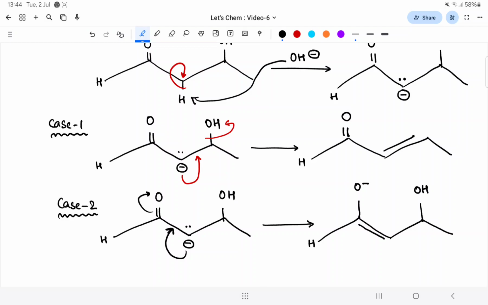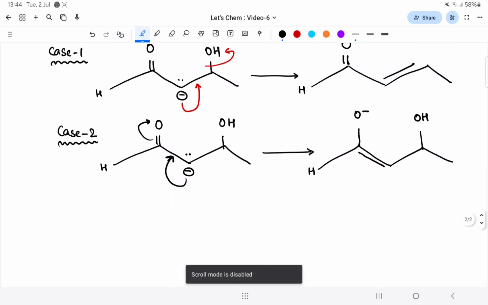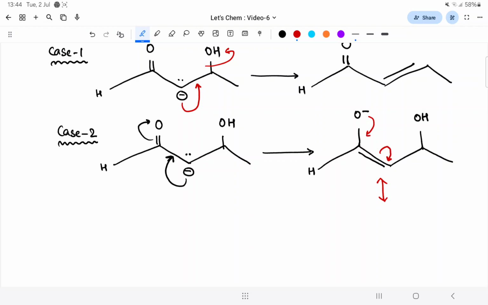Now what is going to happen next is a simple resonance. I'll show you how it happens. This charge will jump here, and this charge will move here. And one more thing, this OH is going to get out. These 3 arrows, can you focus?